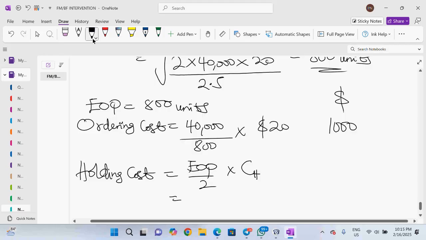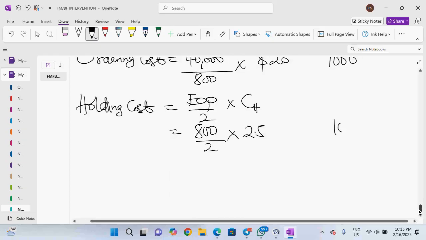You have 800 divided by 2 times 2.5, right? And that is giving us 1,000. So the total will be 2,000.